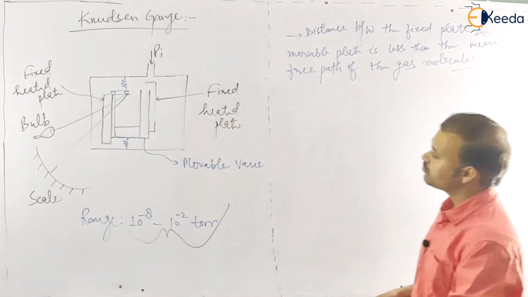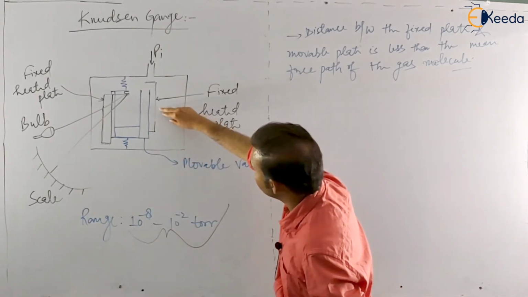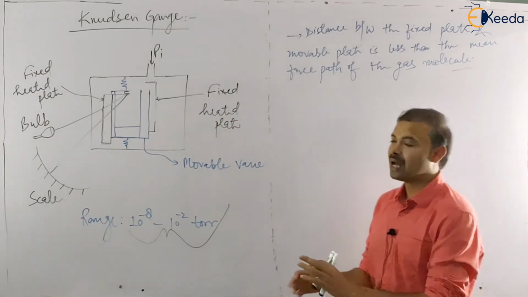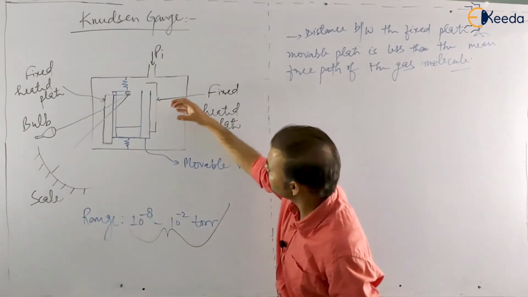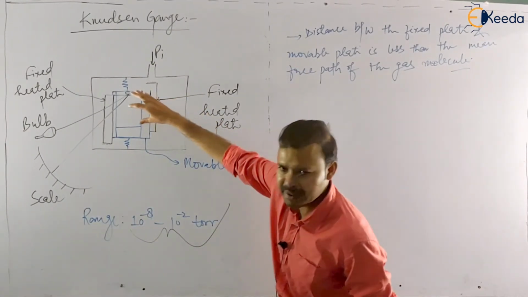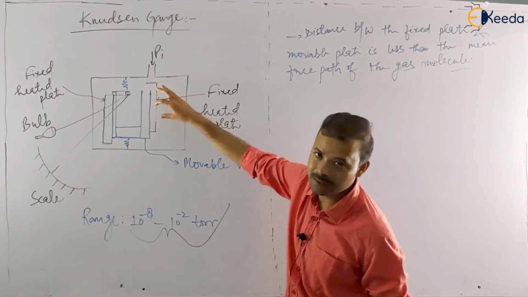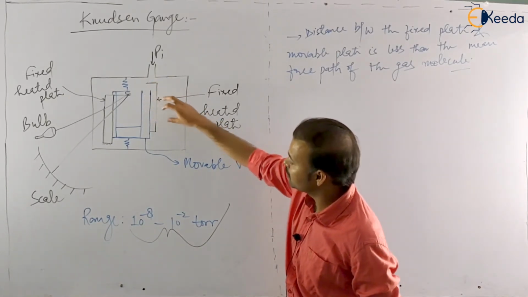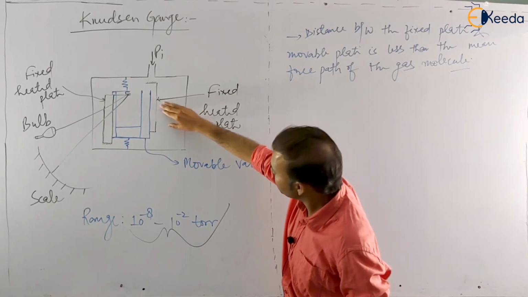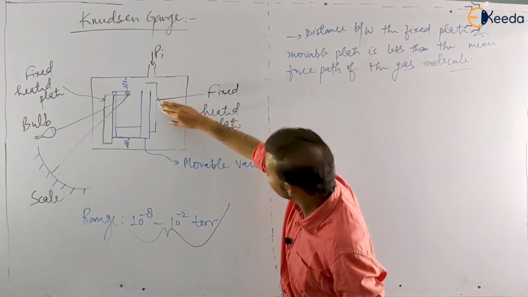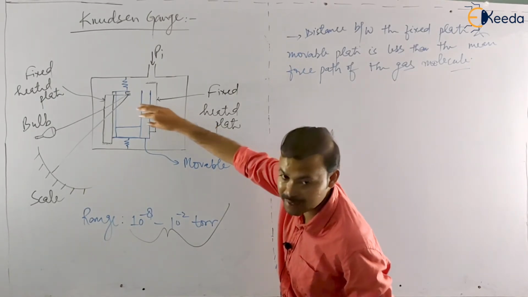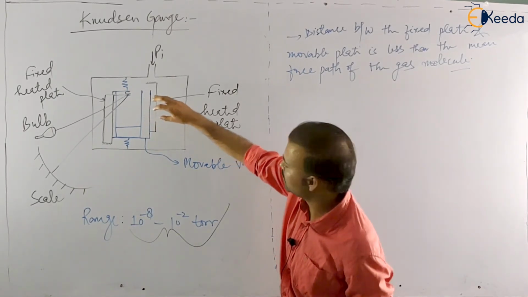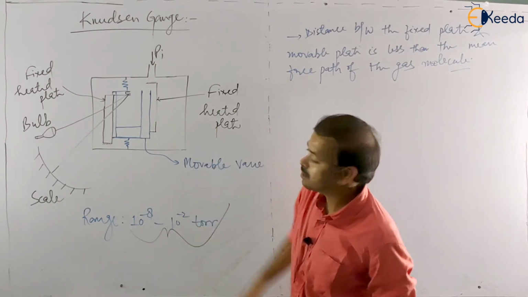When the molecules collide with the heated plate, they will have larger momentum, and then collide with the plate in between, which is the colder one. So the momentum will be large.